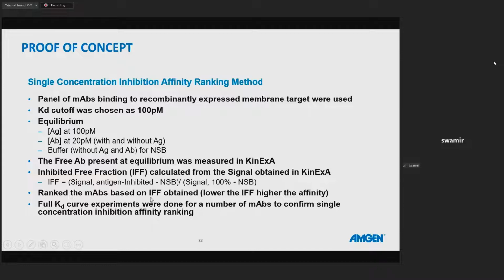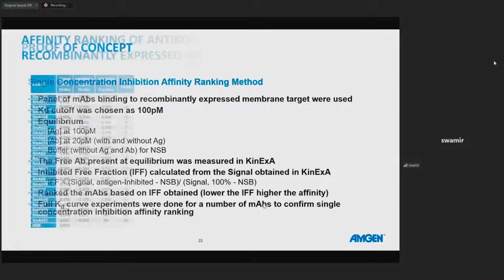We also did full KD curve experiments in a low throughput way, to see if our ranking by this single concentration inhibition ranks as if we measured the full KD.